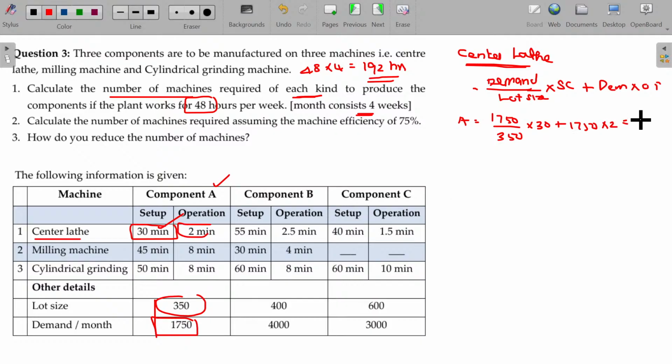What's the total value? 3650. In case of B, 4000 by 400, 10 setups, per setup takes 55 minutes, and 4000 units produced. For every unit we need to spend 2.5 minutes. Now what's the value?